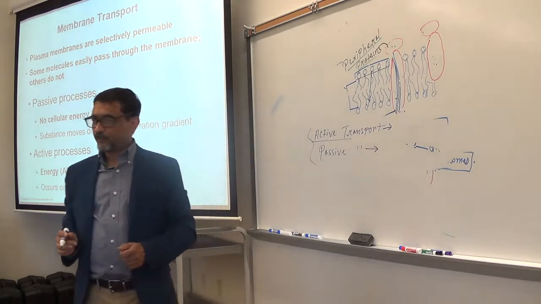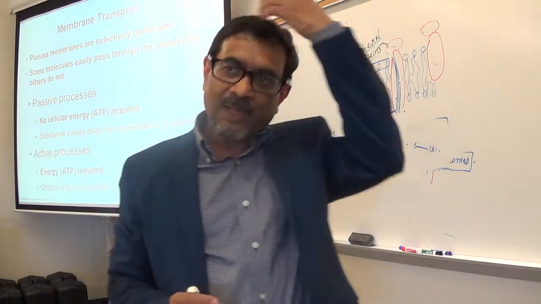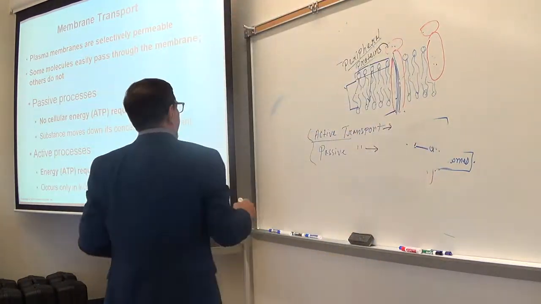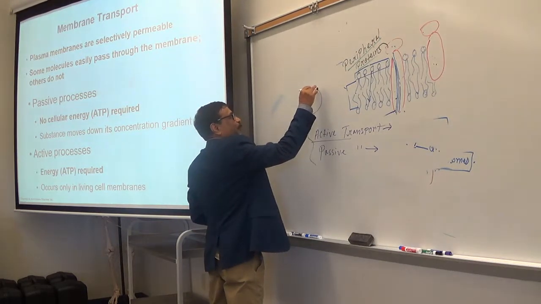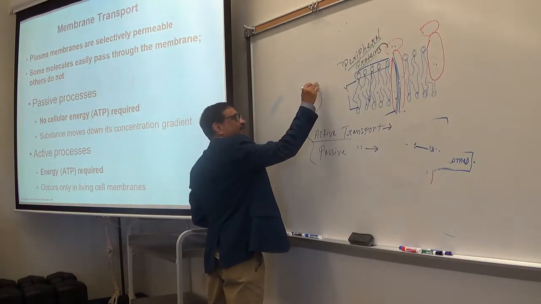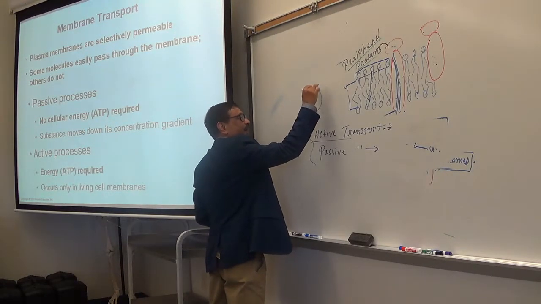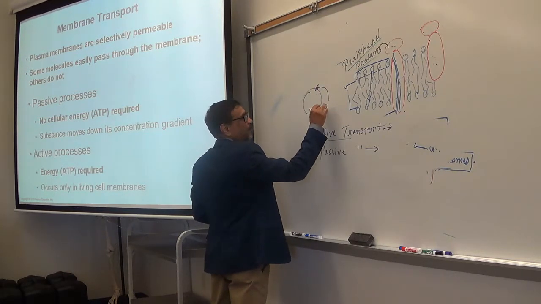Mostly, is that true? Mostly active is from outside to inside and passive from inside to outside? This is the protein, and with ATP, in most of the cases what happens is, in active transport, the protein works as a pump.